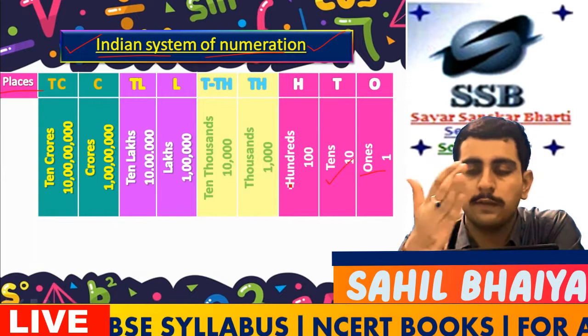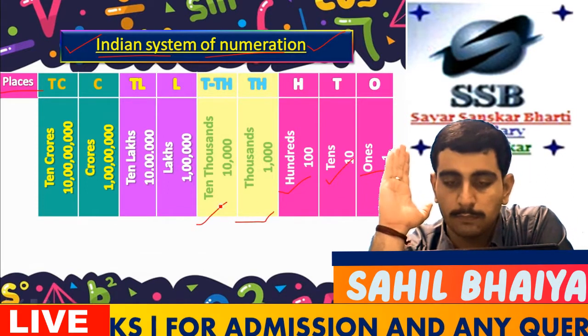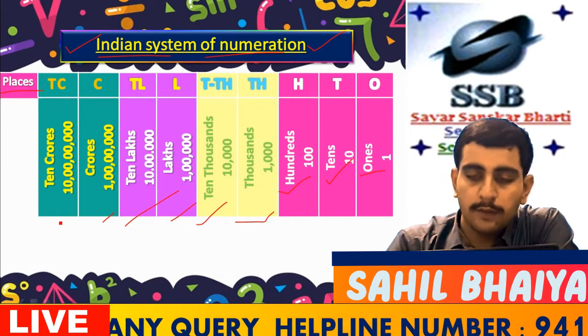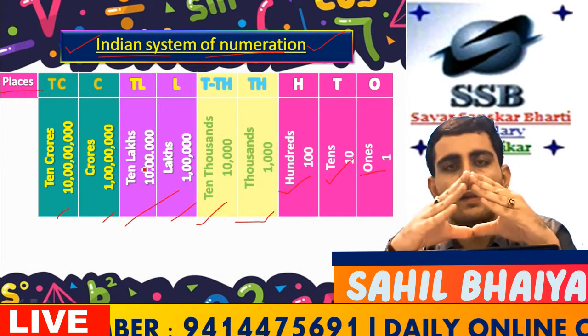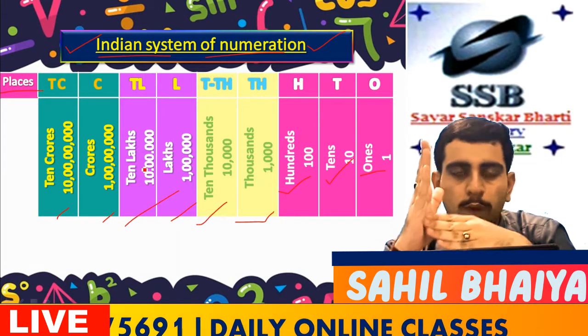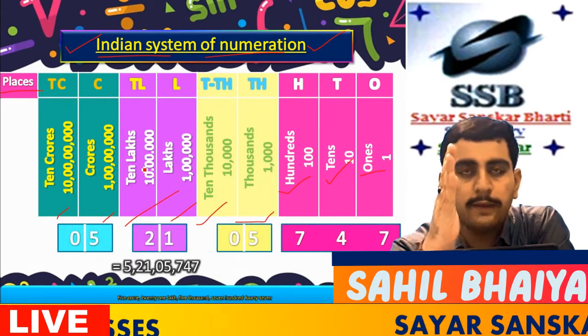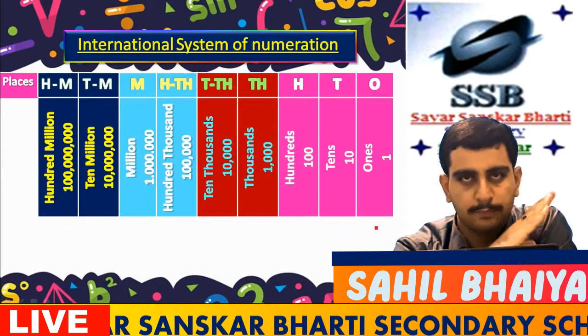You can see a place value chart behind me on the screen showing the Indian system of numeration. It contains ones, tens, hundreds, thousands, and then lakh, 10 lakh, crore, 10 crore, and so on.